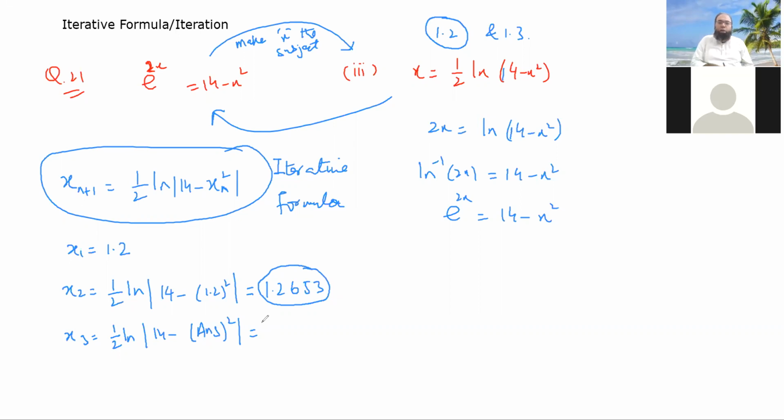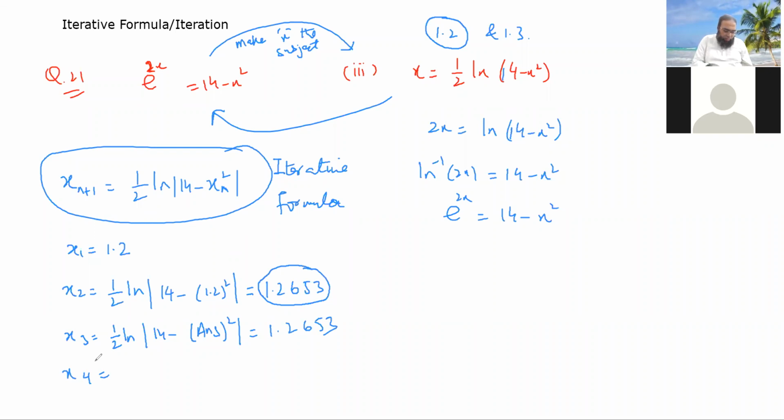If you are with me, you will see that you get 1.2653 again. Now you just need to press the equal button. Don't do anything else.